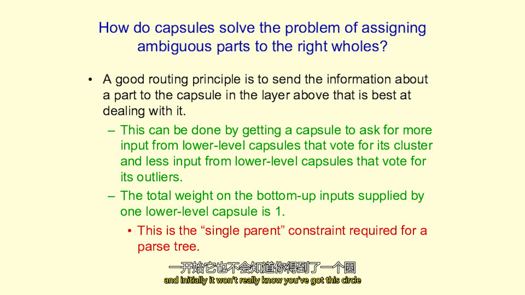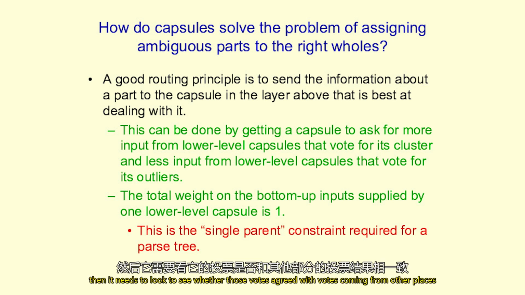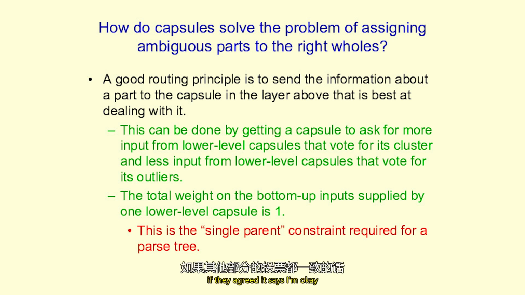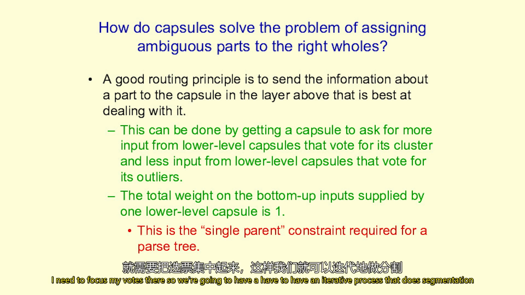Initially, it won't really know. You've got this circle. It doesn't know whether it's part of a face or part of a car. So it scatters lots of votes over all possibilities. Then it needs to look to see whether those votes agreed with votes coming from other places. If they agreed, it says, okay, I need to focus my votes there.